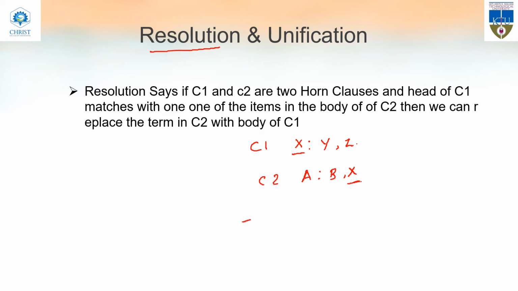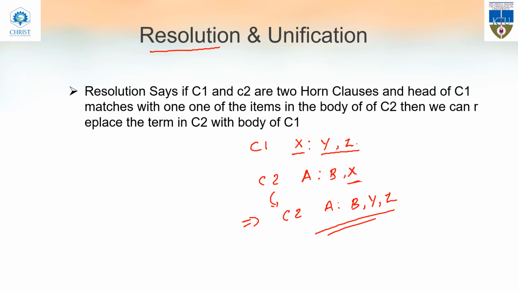That is, you can rewrite C2 as A, B, and replace this item with Y and Z. So it can be Y, Z. Again, if C1 is a Horn clause and C2 is a Horn clause, and in C2 one of the items in the body matches with the head of C1, then you can replace the item with the body of C1. I hope it is clear. So that is resolution.